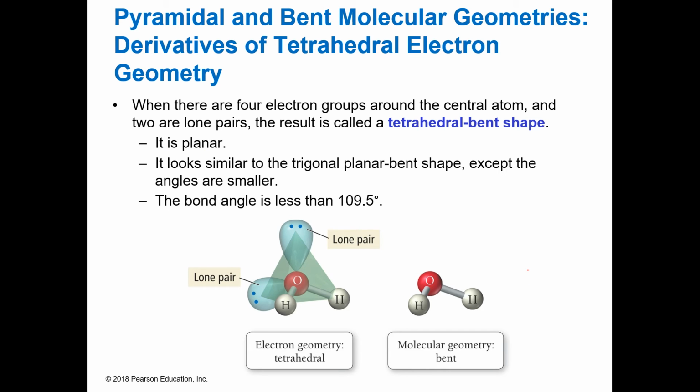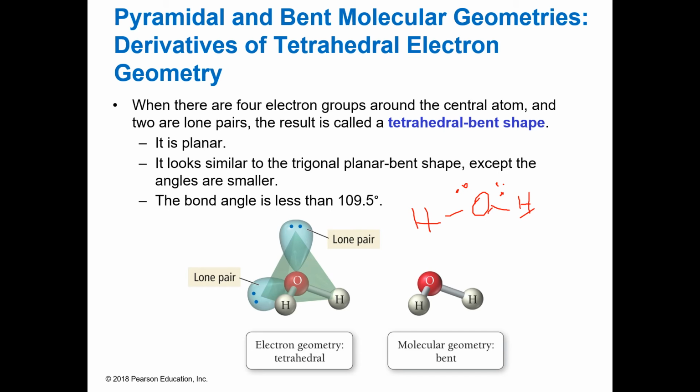Right. Water, let's look at water for example. This is actually a good example. Sorry about that. So water, if I draw it, looks like this. Right? It's got 2 lone pairs on the oxygen and then 2 bonds to hydrogen. These 2 lone pairs push those hydrogens down a little bit. Now, how many electron pairs does water have?